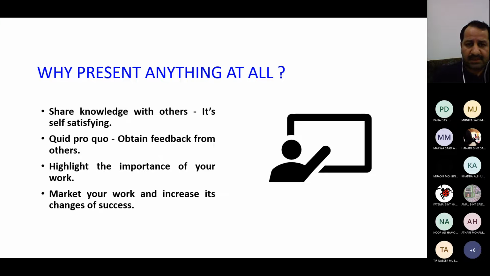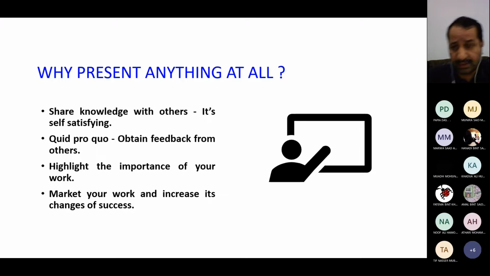Why do we present anything at all? First, to share knowledge with others. And it gives you self-satisfaction because you feel you have a contribution. Also, you need to get feedback from others, and you need to highlight the important achievements coming from your work. As I mentioned, here you are talking about both the presentation and the project, the thesis itself.